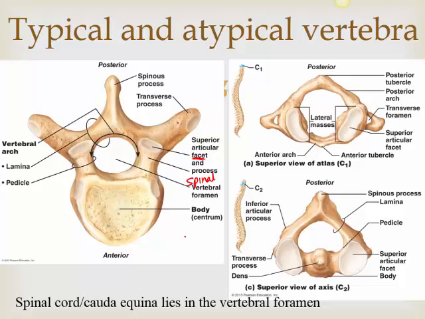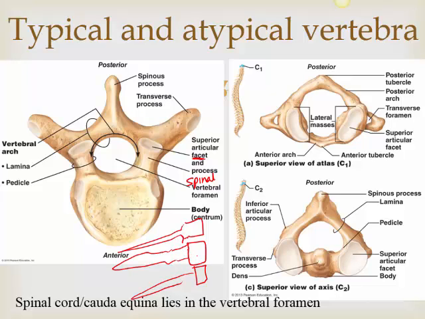If you're looking at it from the side, let's say here is the body, and here is the spinous process of one vertebra, here's another body, and here is its spinous process. This vertebra has to articulate with this, and this one with this.